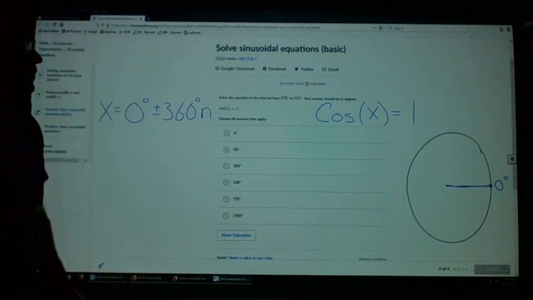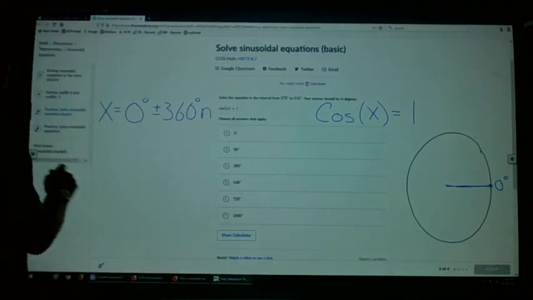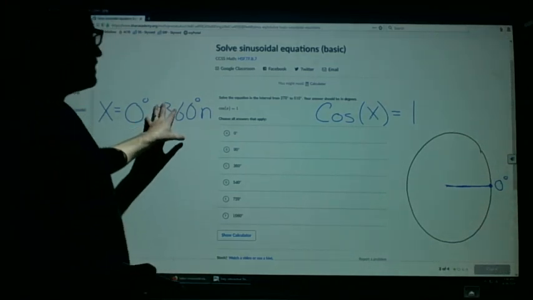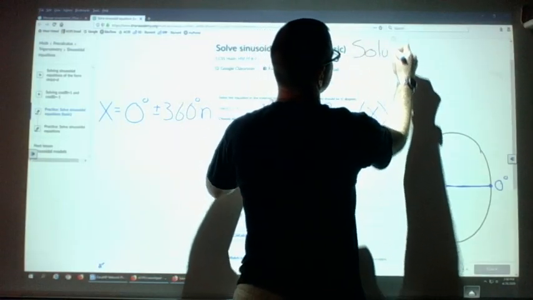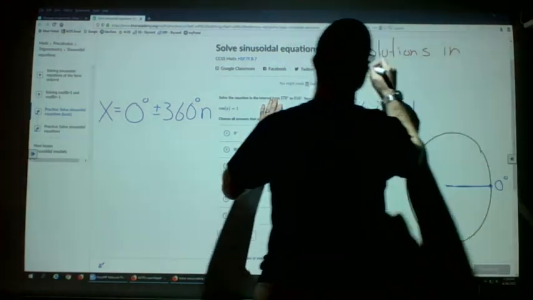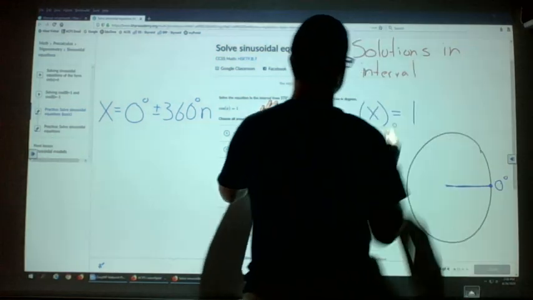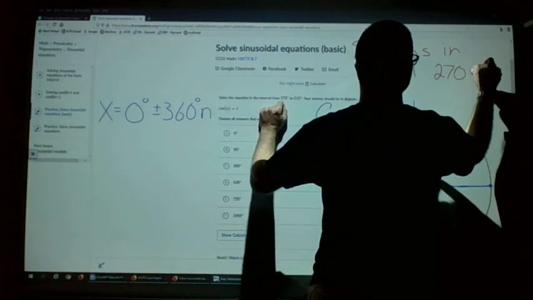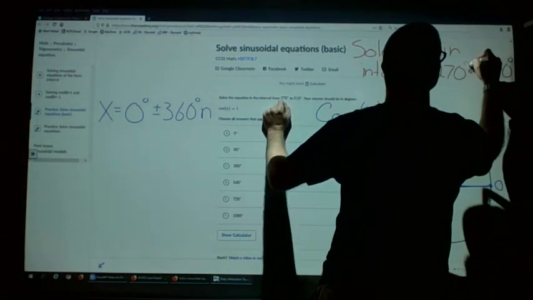Okay. But they gave me this interval, 270 to 810 degrees. So it's not just this. I need to find solutions in the interval 270 to 810 degrees.